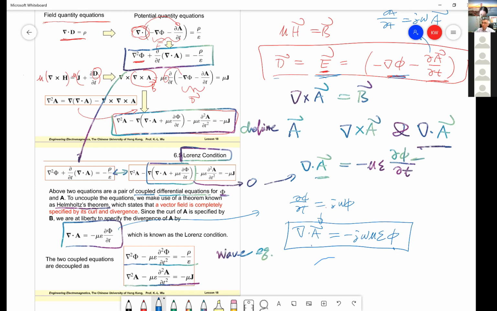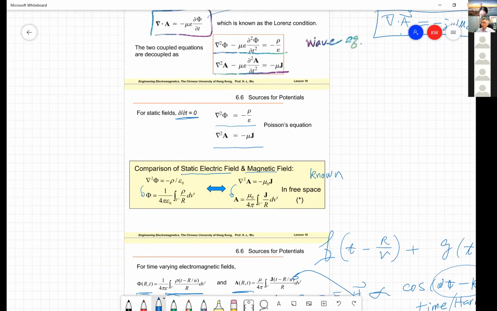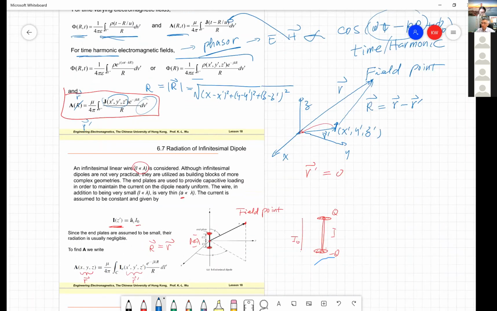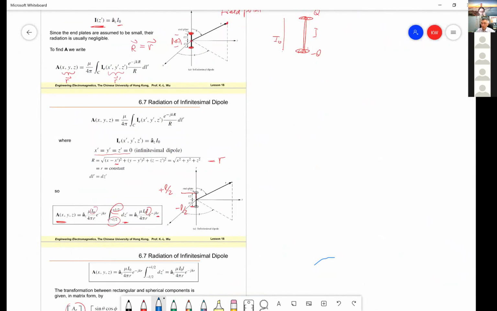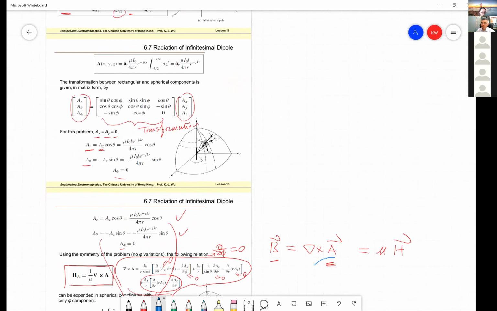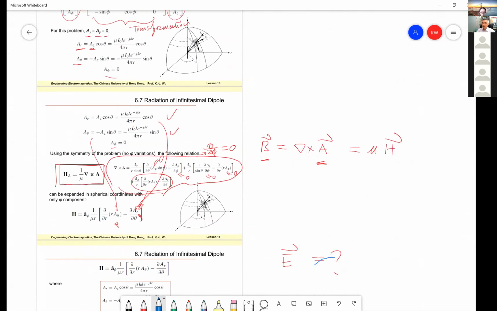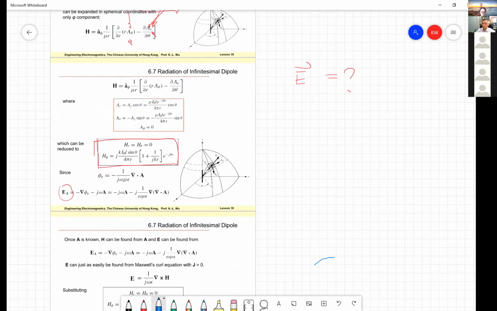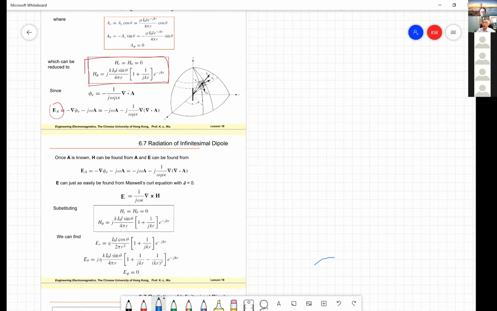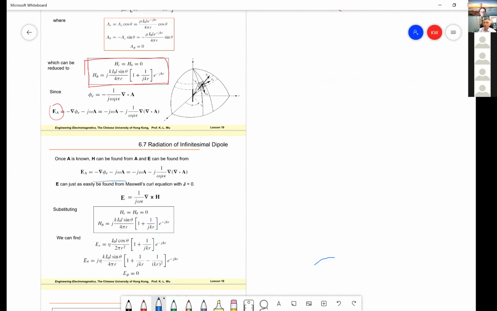We can find the electrical field, right? So this is one way we can find the electrical field using this, where this is the Lorentz condition.